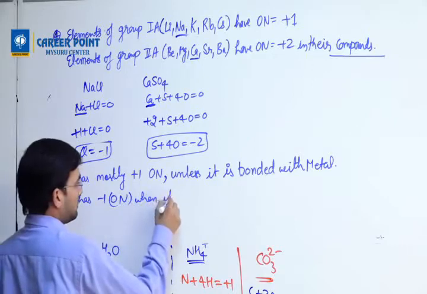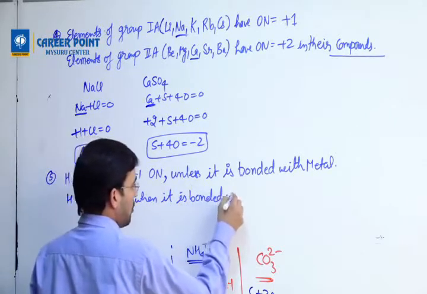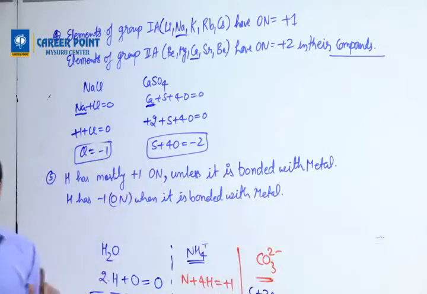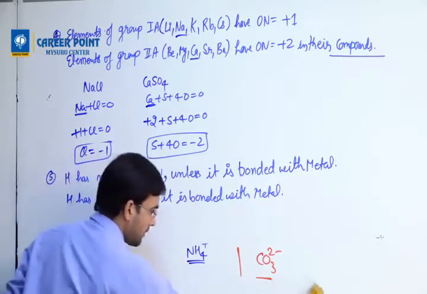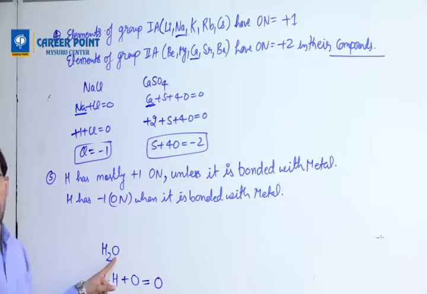when it is bonded with metal. Okay. This line means what? There is hydrogen here. That hydrogen is bonded to an oxygen.